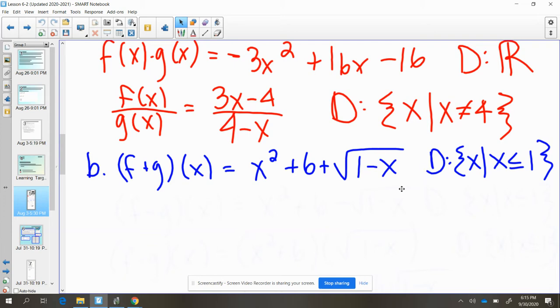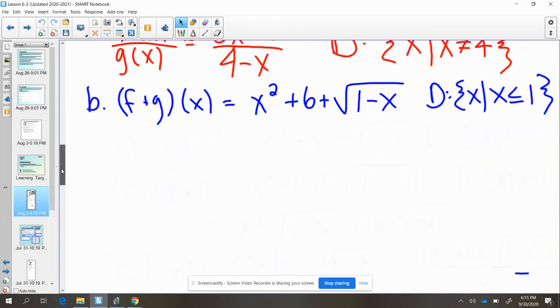Because any x value greater than that would make underneath this radical anything negative, which is not possible for a real domain. So really we can only have x values that are less than or equal to 1. And again, that comes from setting this equal to 0 and seeing what values are going to make it not possible.